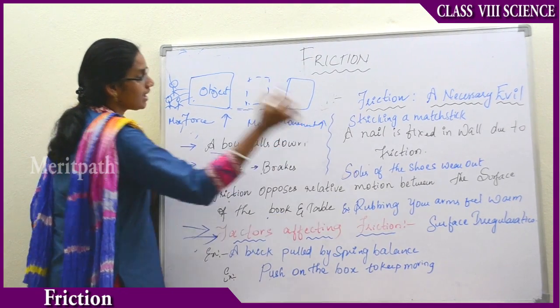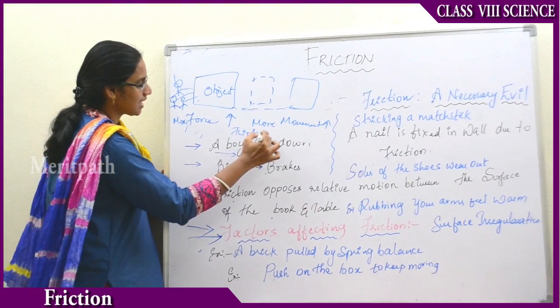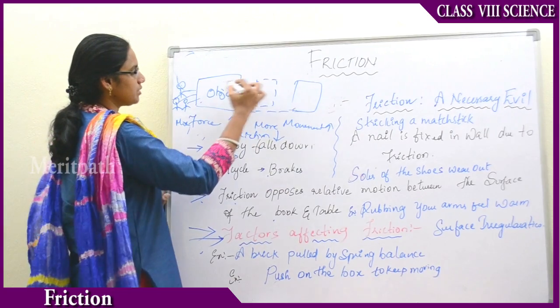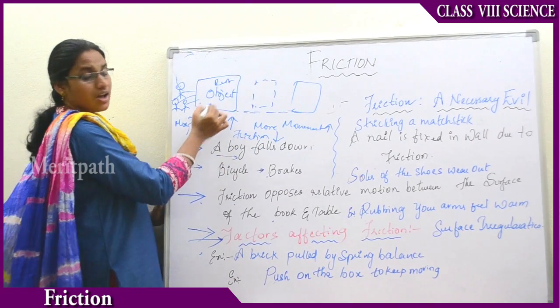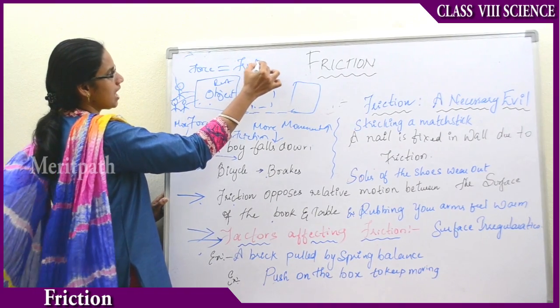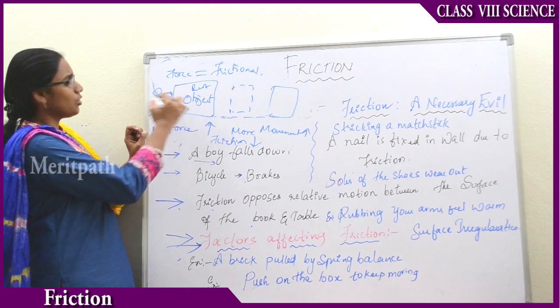Here the frictional force acting will be decreased, because for an object in rest position, assume this is at rest, the force acting on it is equal to the frictional force. By seeing this activity, you will observe that so many persons are adding force, right?